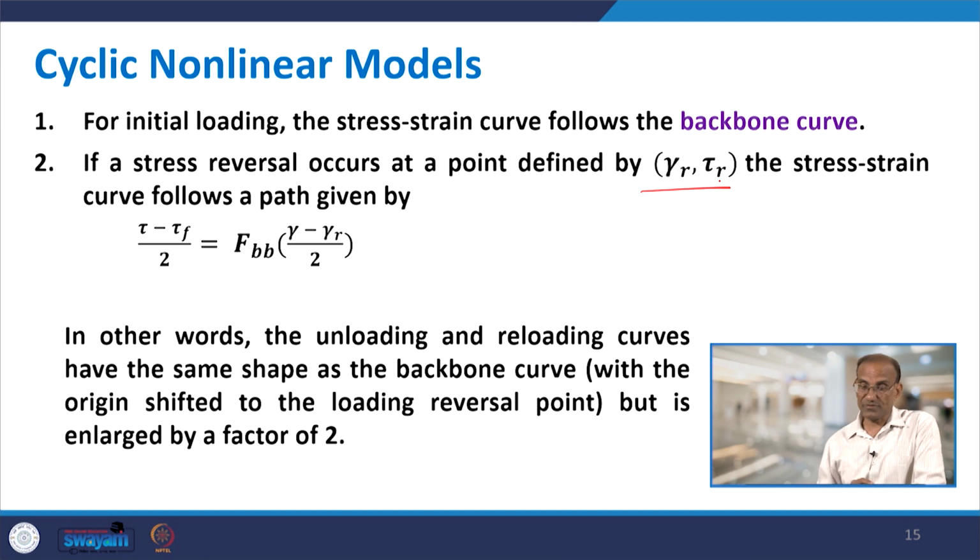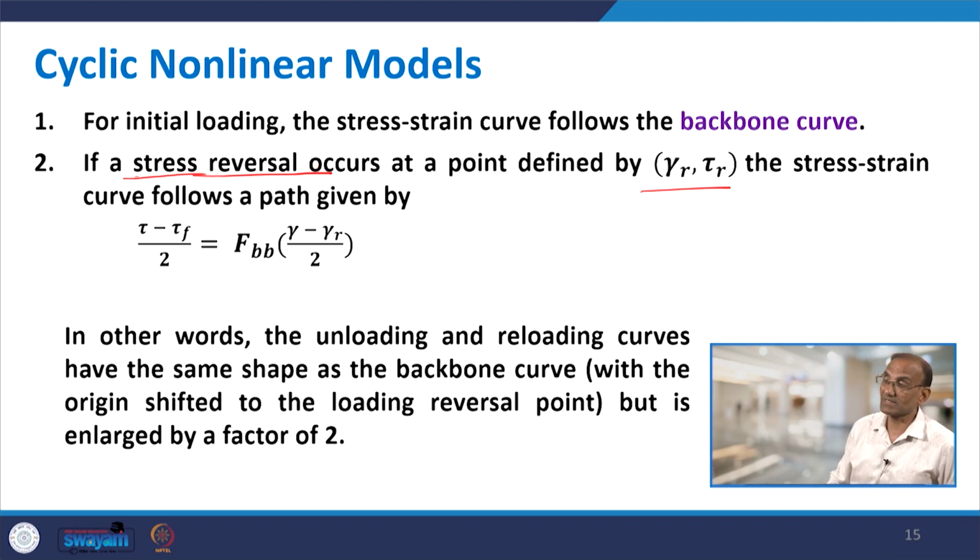Gamma r we already defined, right? Gamma r is a reference strain. If there is no stress reversal, you will continue to follow the backbone curve.